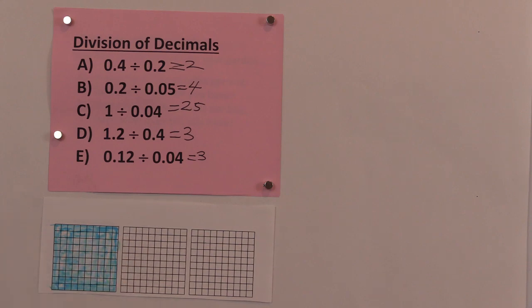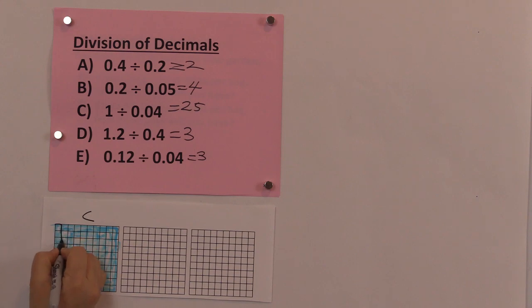This is my 1. And I want to figure out, this is C, how many groups of 4 hundredths, not tenths, 4 hundredths are going to fit in here. So I'm going to show you. This is 1 group.